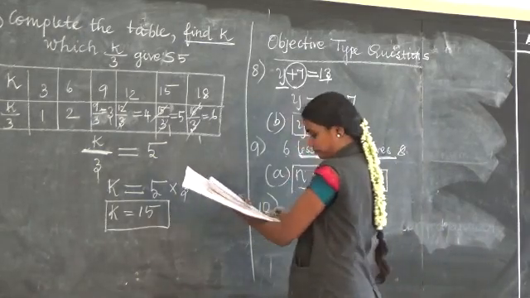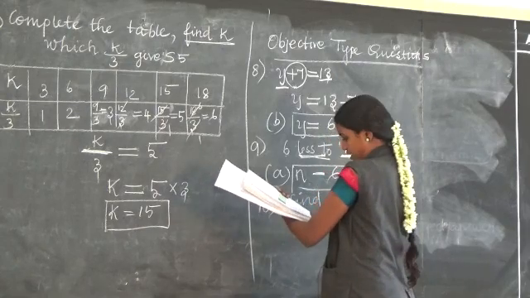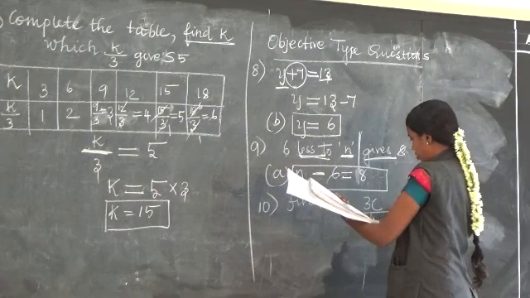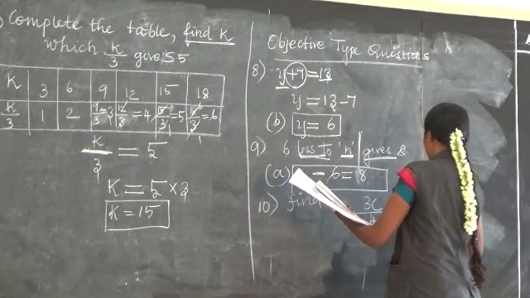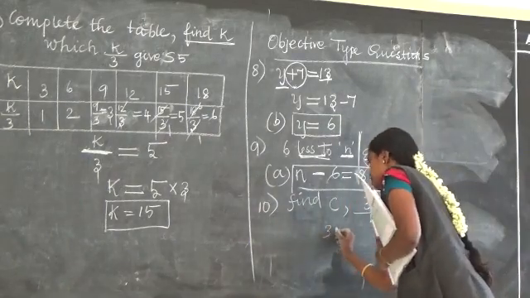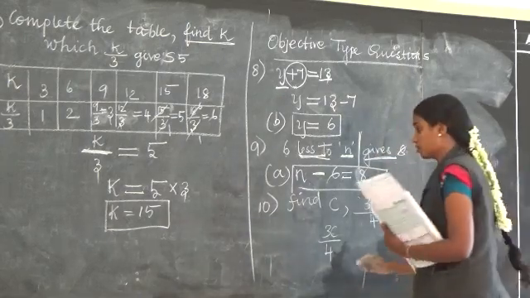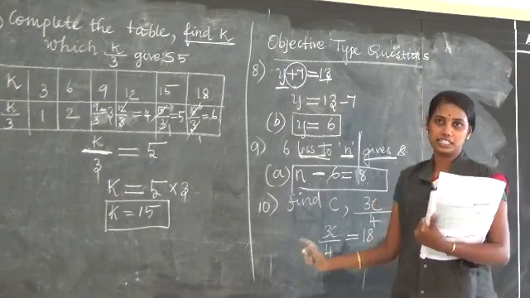Question number 10. Find C. The equation is given as 3C by 4 gives 18. 3C by 4, write as it is. Gives means what sign? Equal. 18. Okay, we need to find the C value.